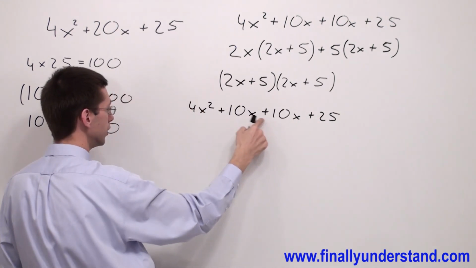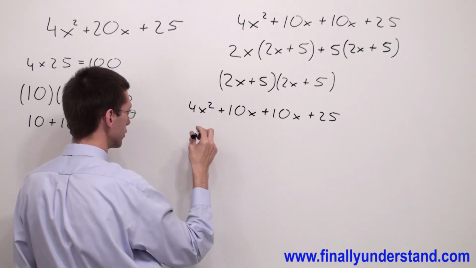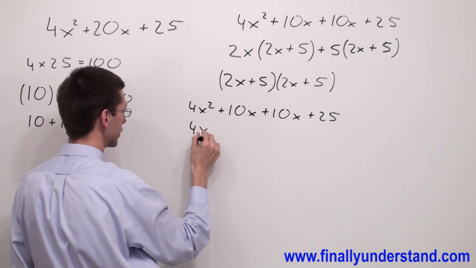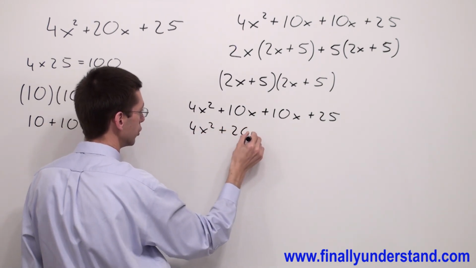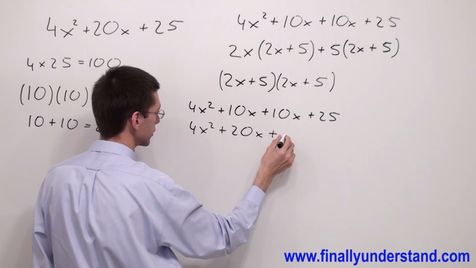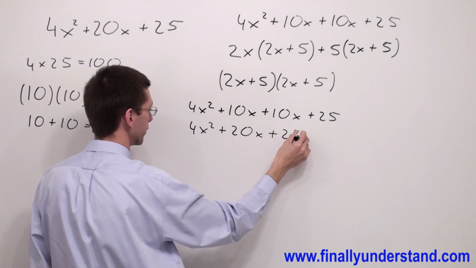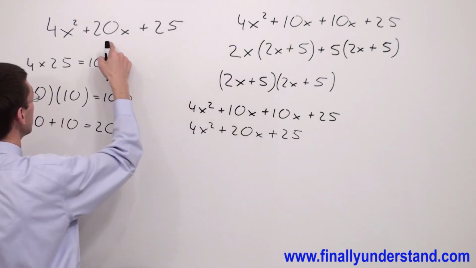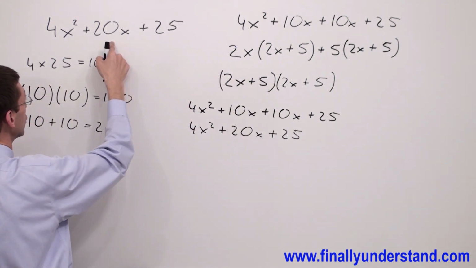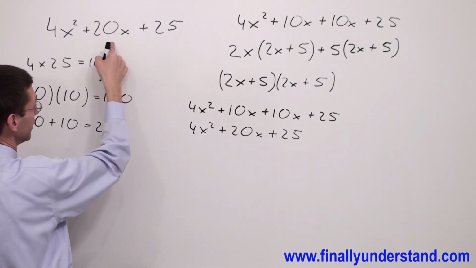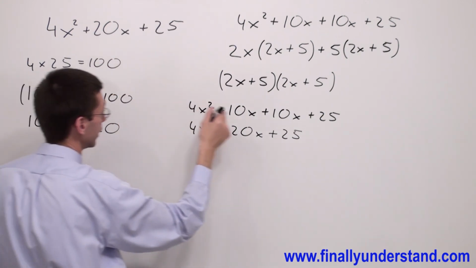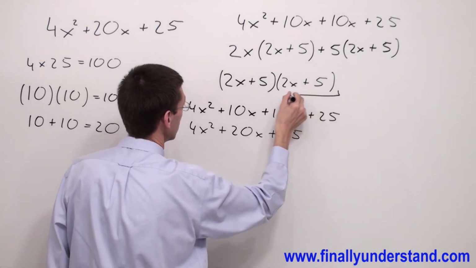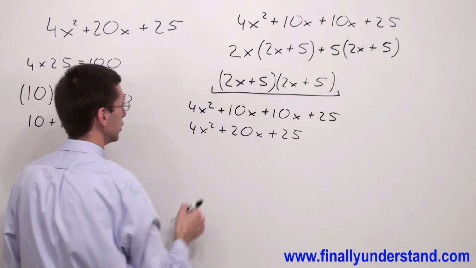Combine the like terms: 10x plus 10x is equal to 20x. I have 4x squared plus 20x plus 25. As you can see, whatever I got is equivalent to, I'm supposed to say identical to, my original expression. So that's why this is the solution to my problem.